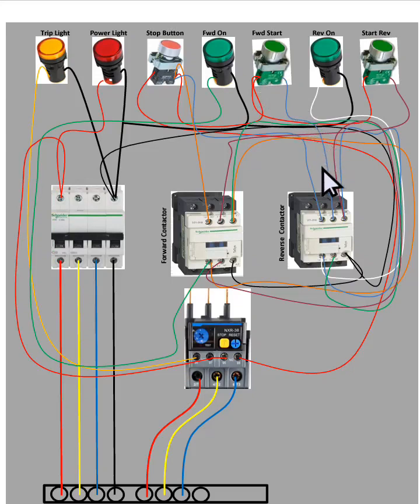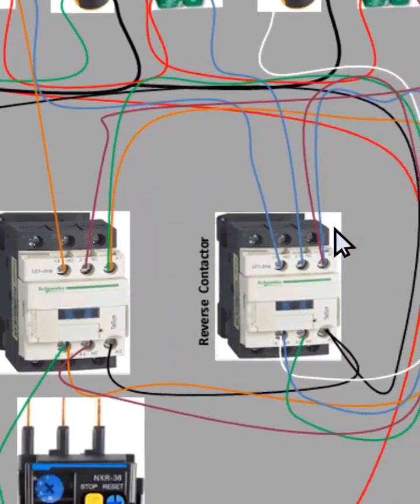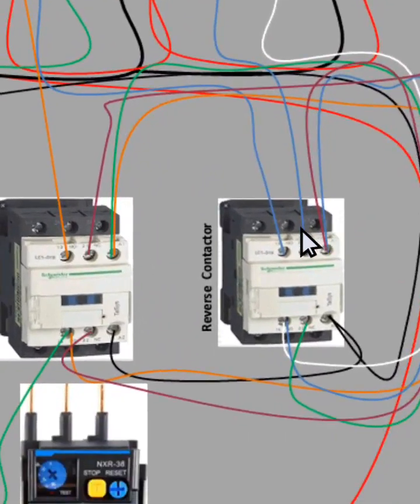It comes here and passes through the normally closed contact of the reverse. Look at it here. This contact is normally closed, in such a way that if the reverse contactor is on, the forward contactor will never come on.